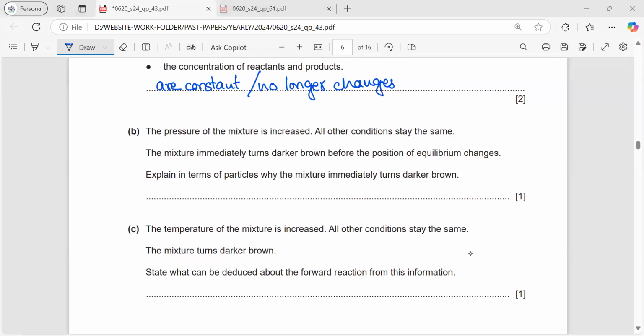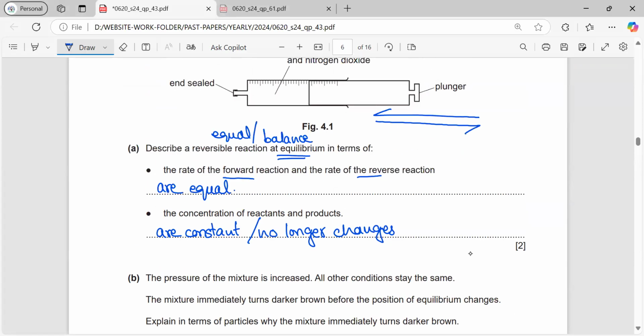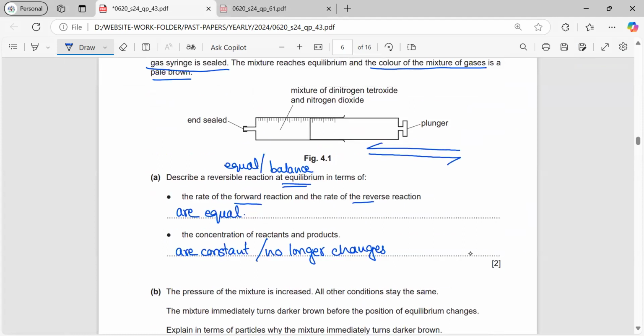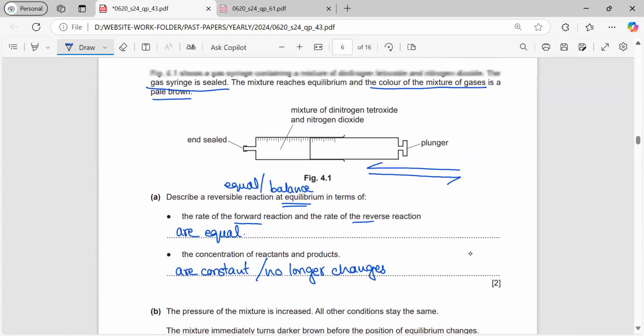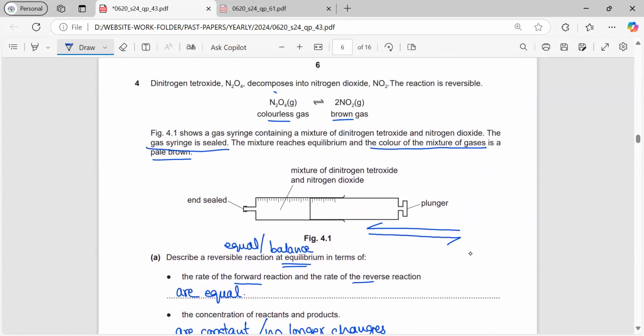Part B. The pressure of the mixture is increased, all other conditions stay the same. The mixture immediately turns darker brown before the position of equilibrium changes. Explain in terms of particles why the mixture immediately turns dark brown. So in this question, as we saw, dinitrogen tetraoxide is a colorless gas and nitrogen dioxide is a brown gas.